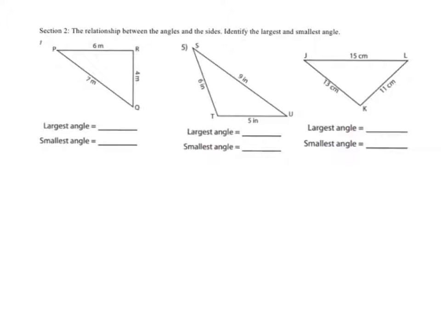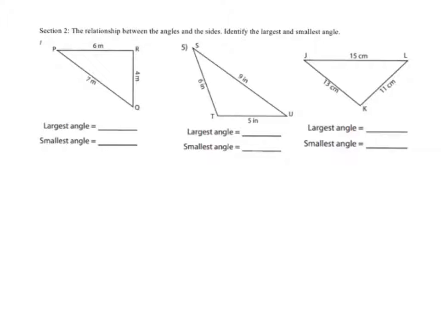When we were creating triangles, we discovered that the angles are the ones that are creating the actual sides of the triangle, and also that the sides play a role in determining which angles are the largest and smallest. So we discussed that the largest angle is across from the largest side, and the smallest angle is across from the smallest side.